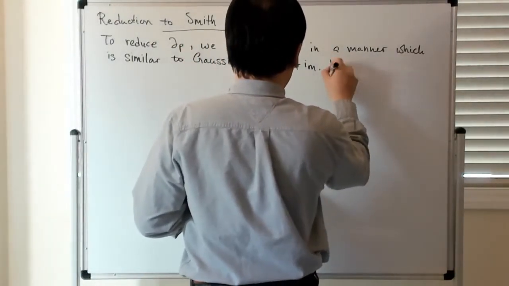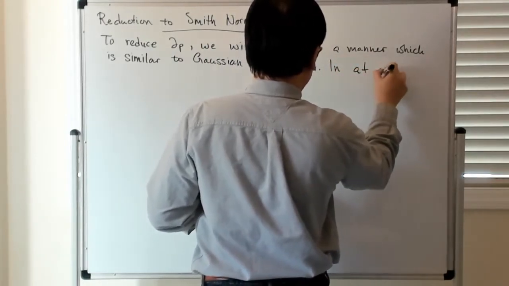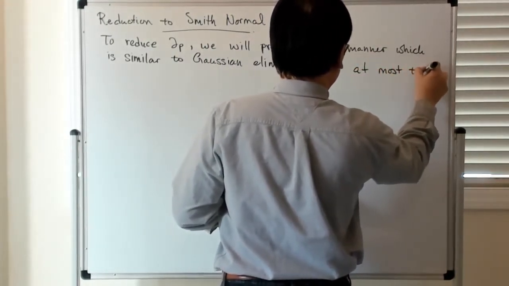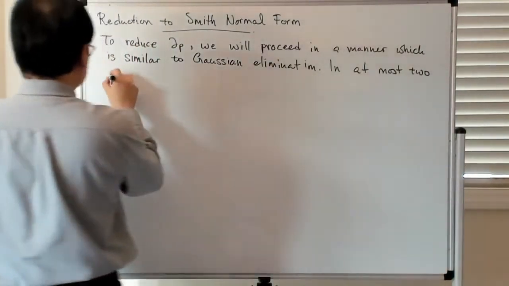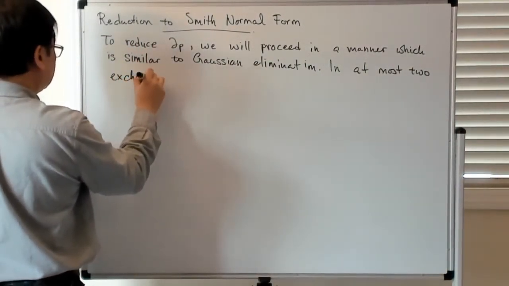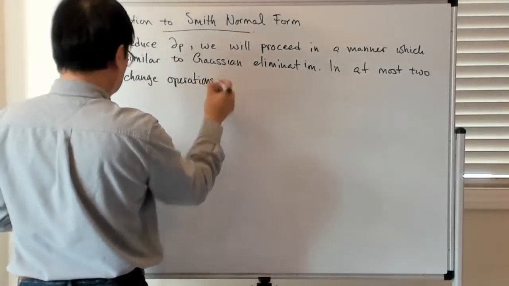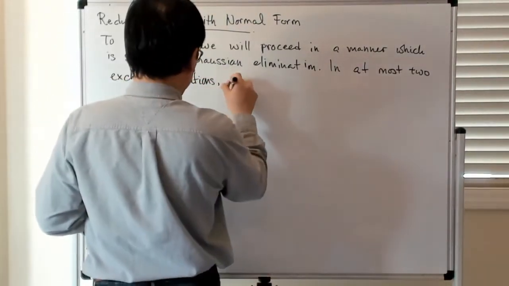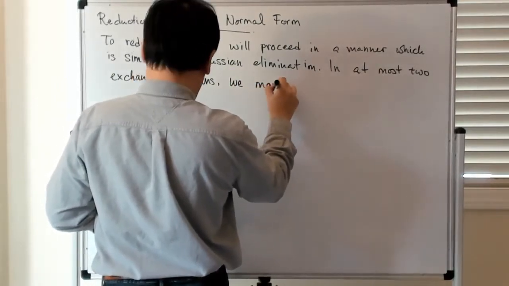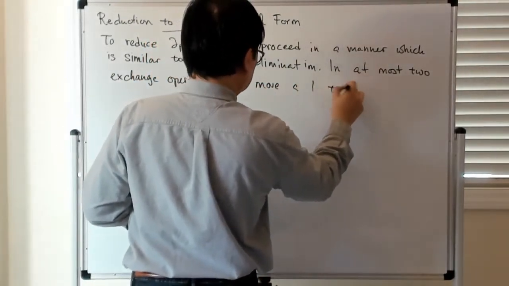So in at most two exchange operations, right? We move a 1 to the upper left corner.